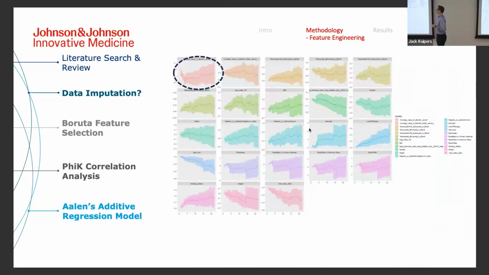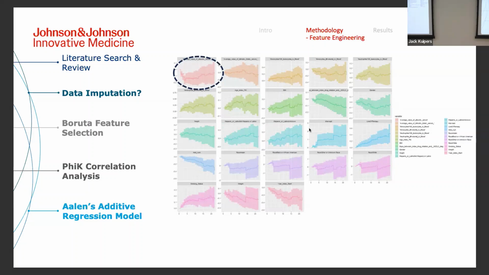This is something that Gen AI did not help me with here, and this is where we talk about time varying effects. What you can see here are the several variables that I looked at, and I wanted to know if the impact of variables is constant over time. When you, for example, take height, this is pretty much constant, a straight line.